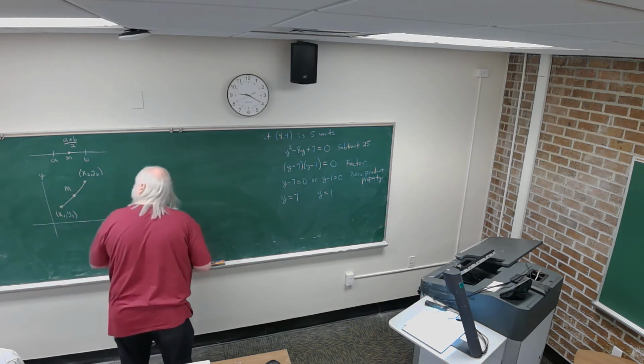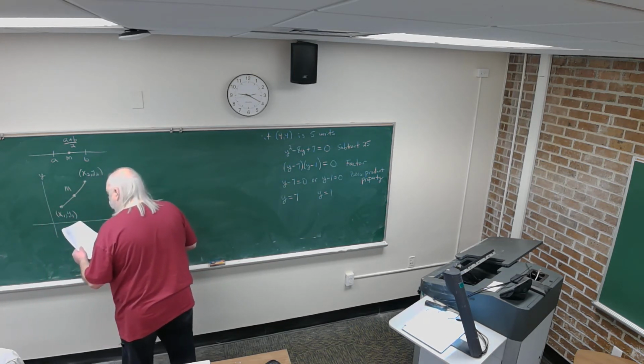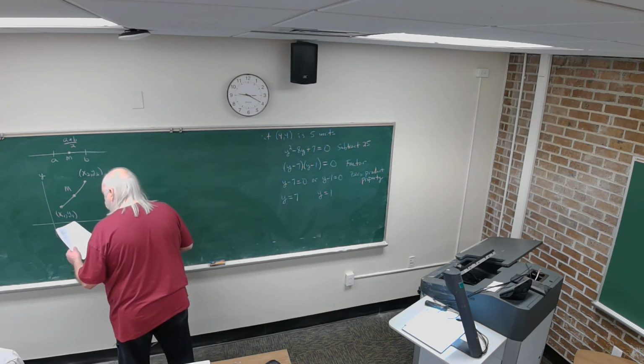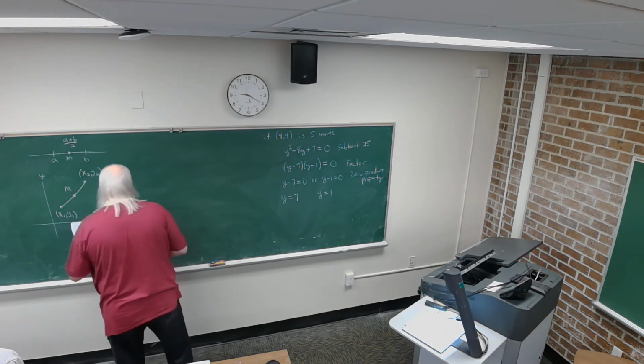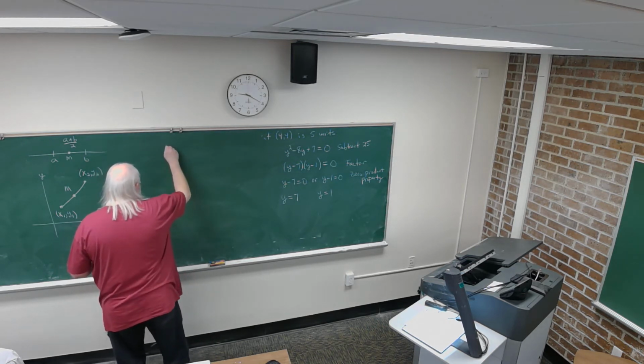So in the exercise, you're asked to find the point B if the midpoint is at (5/2, 0), and A is at the point (minus 4, 1). Okay. So let's draw a good picture.